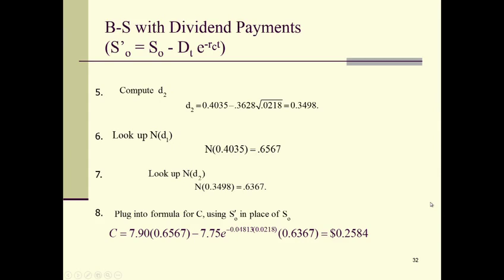Is this at the dividend payment date? Because we accounted for dividend, right? Is this the dividend payment date or is this the expiration date? What do some of you think? What do you think, sir? Expiration date.